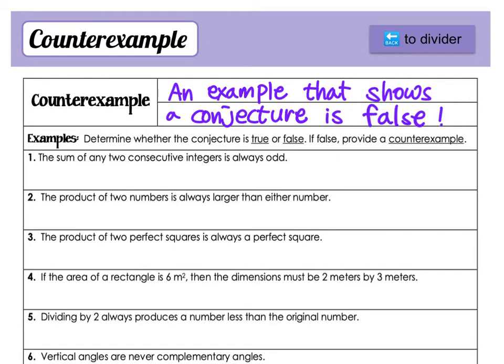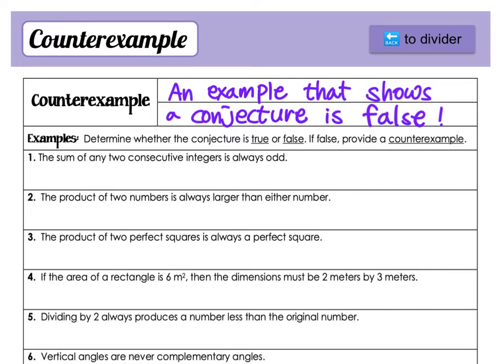I will show two examples to find each conjecture is true or false. If the conjecture is false, I will make a counterexample. So you can practice to find a counterexample of a false conjecture and you'll be able to make your own conjecture. Let's start with number 1.